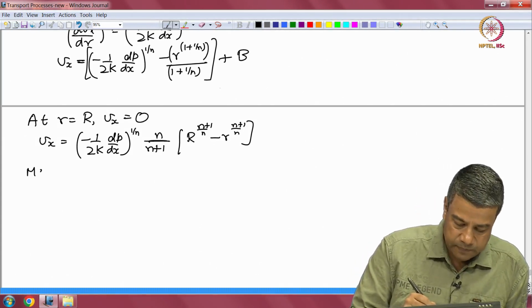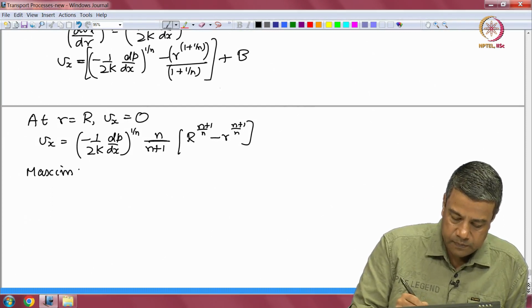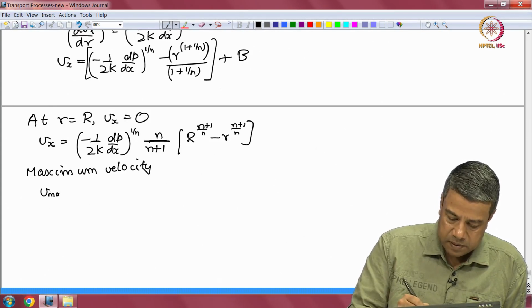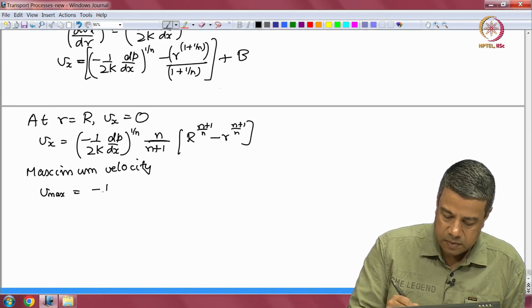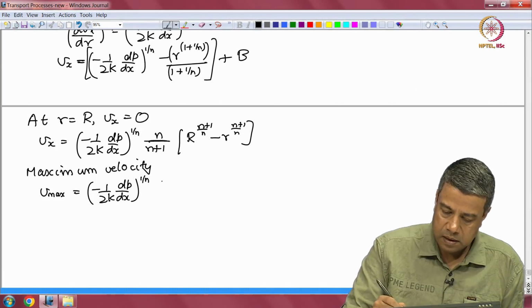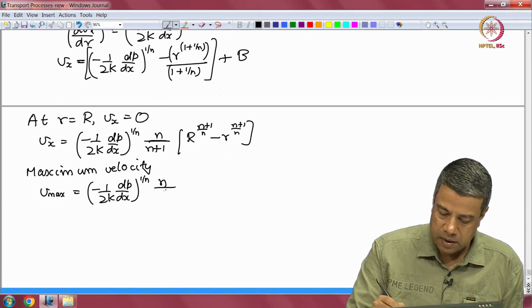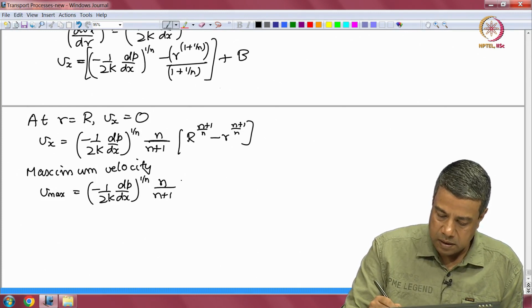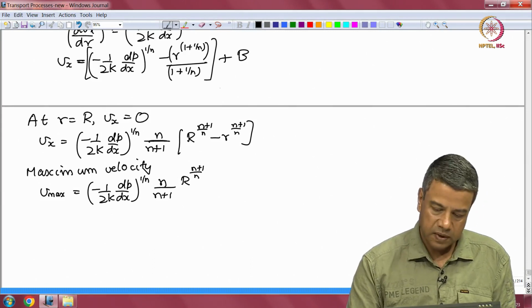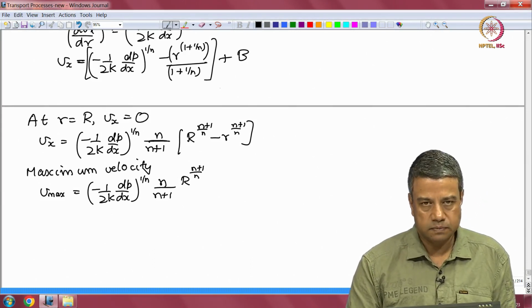Maximum velocity V max is equal to minus 1 by 2 k dp by dx whole power 1 by n into n by n plus 1 into r power n plus 1 by n. Okay, so, that is the maximum velocity.